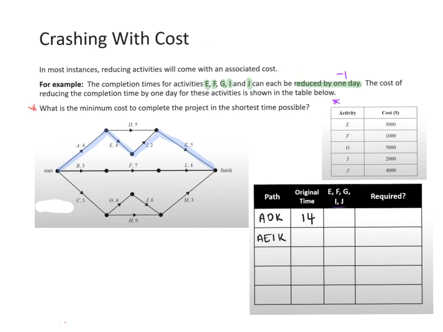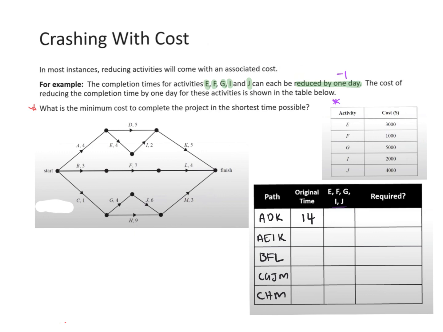And then I would probably move to the B ones now. So I'll go straight across, B, F, L. And then the next one I could do is C, G, J, and M. And then the bottom one, C, H, and M. Sorry, and I should have been adding up the time.